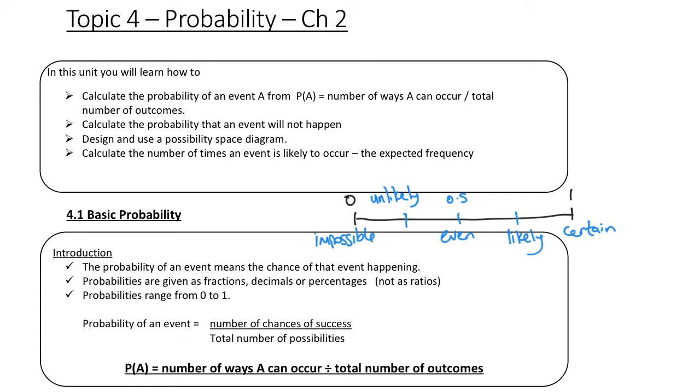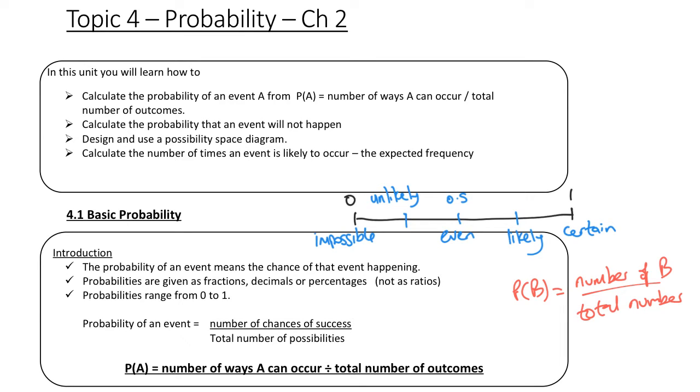Or another way we can write that is P(A), so capital P, brackets, capital A, the probability of this event A. It's going to be the number of ways A can occur divided by the total number of outcomes. Similarly, the probability of B would be the number of B divided by the total number of outcomes. We could have the probability of C, the probability of whatever.